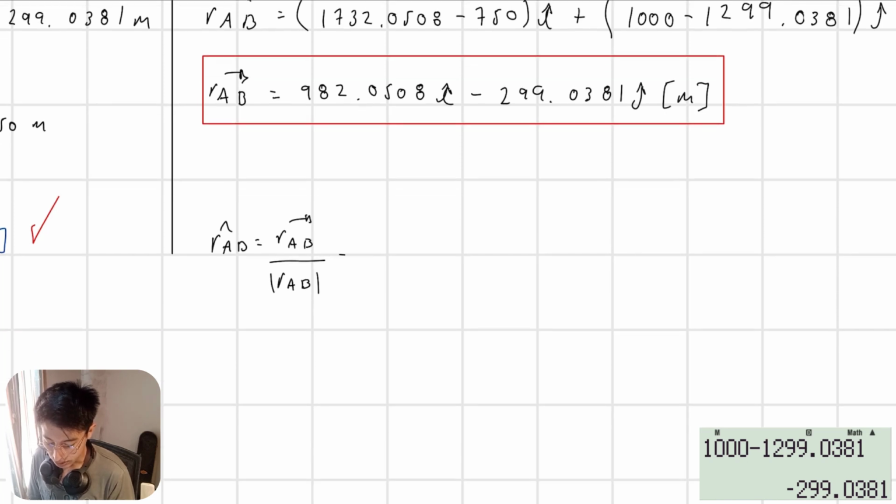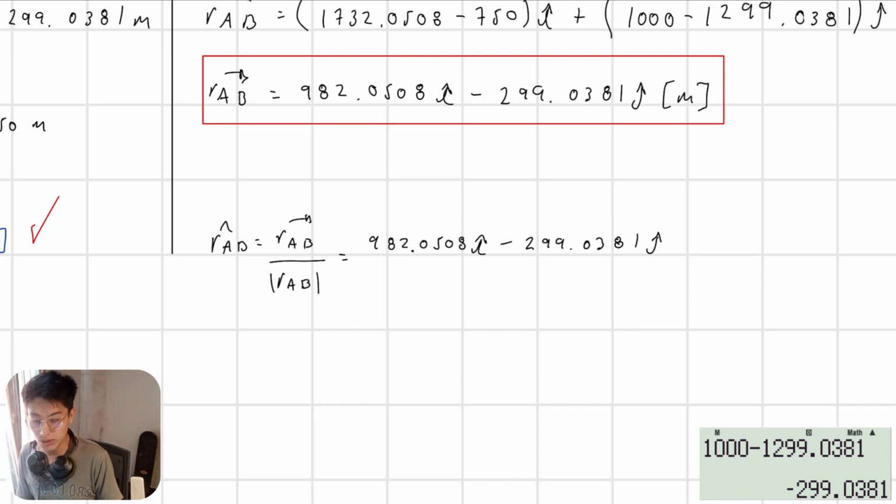All right, so this is equal to 982.0508 on the x-axis, the I component, minus 299.0381 on the j direction. And if you notice, we have a vector that is being divided by a scalar, right?